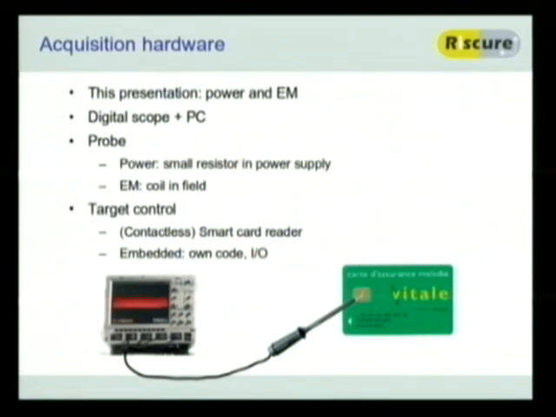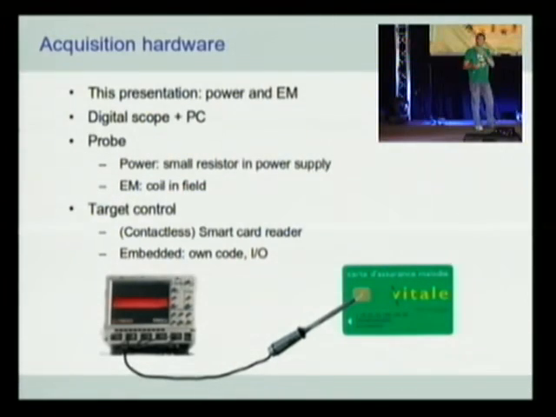And obviously you need to somehow control your target. So you need either a smart card reader or a contactless smart card reader. On an embedded system, the interfaces are not so well defined as on a smart card, so you sometimes need to run your own code in the system and be able to talk to it.